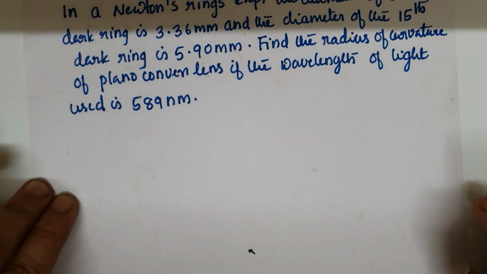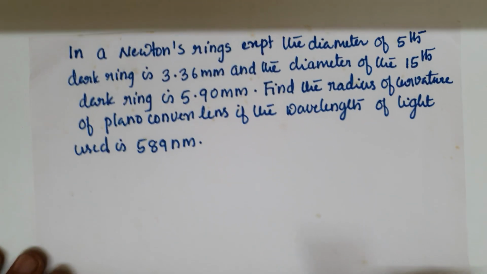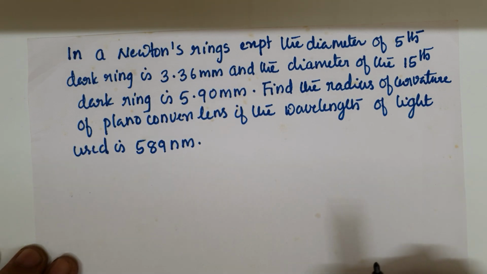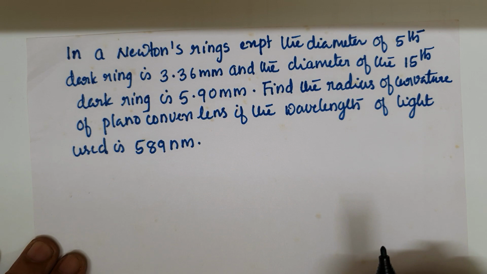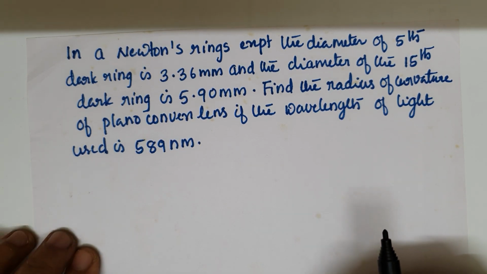The next problem is, in a Newton's rings experiment, the diameter of the fifth dark ring is 3.36 millimeter and the diameter of the 15th dark ring is 5.90 millimeter. Find the radius of curvature of the planoconvex lens if the wavelength of light used is 589 nanometer.